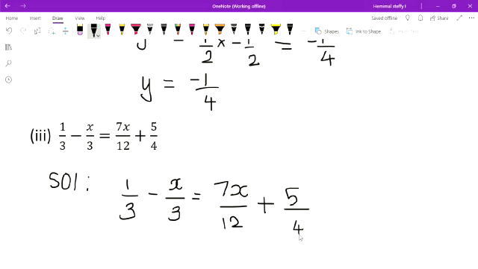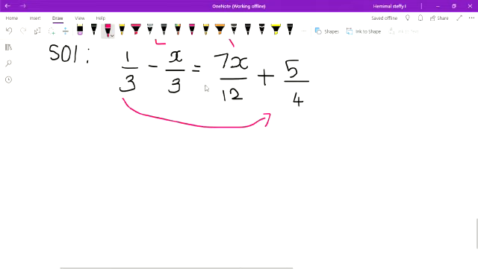Okay, I bring down the constant to that side and the variable to this side and the constant to this side. So 7x going to that side will change to minus.